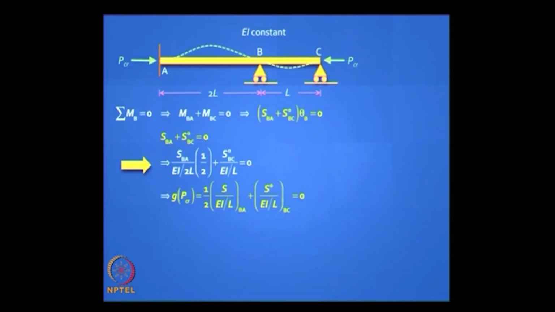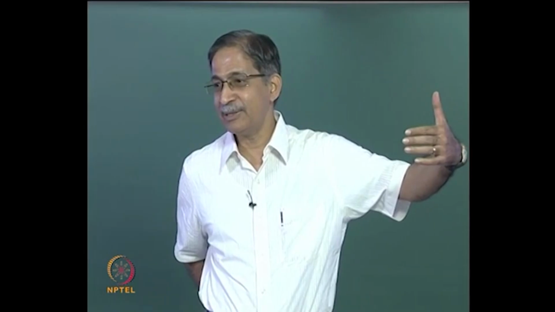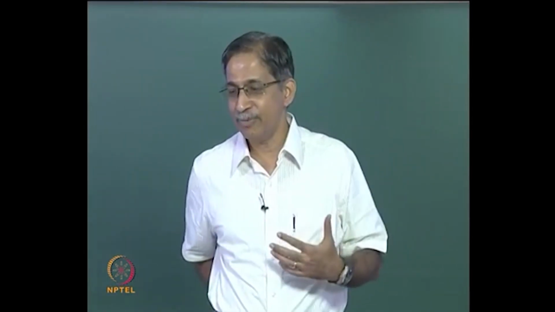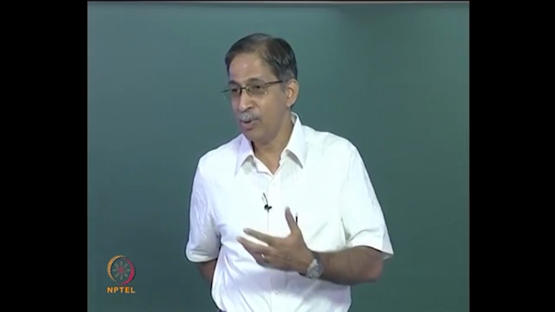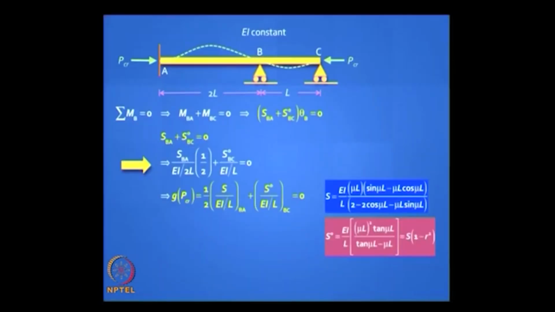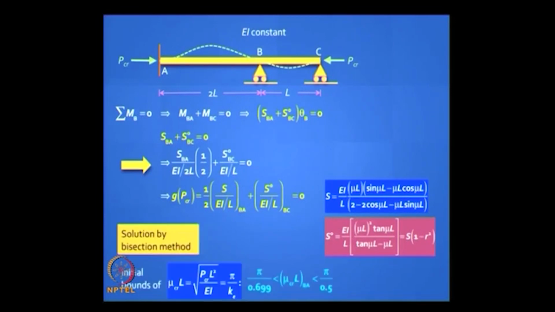I need to solve this equation. How do I solve this equation? I have those trigonometric stability functions for S and S naught as a function of mu into L. So I have to bring mu L into the picture, so these are my equations, and I can use the bisection method.